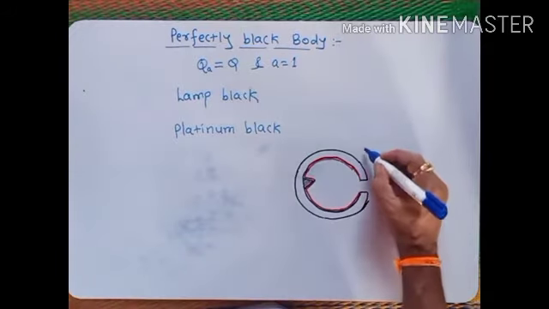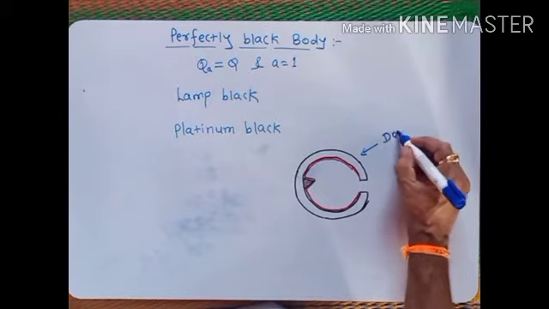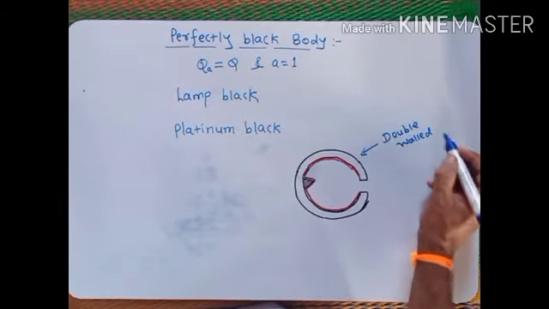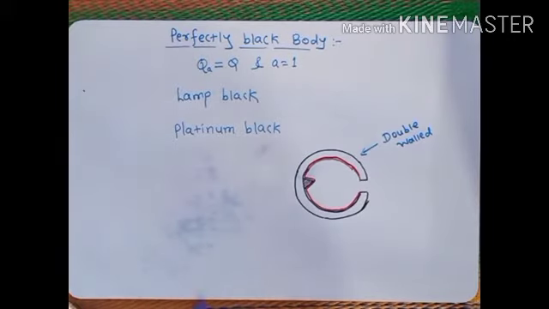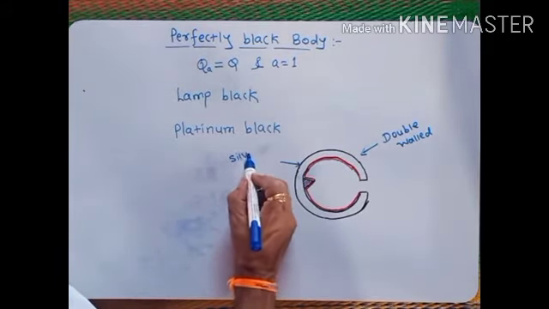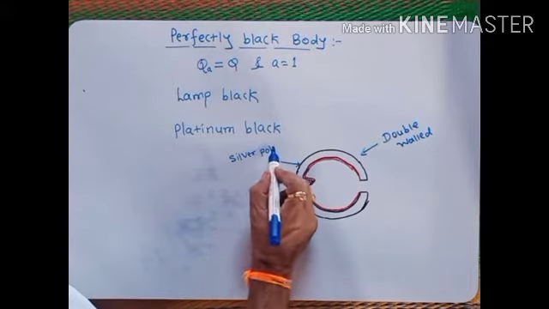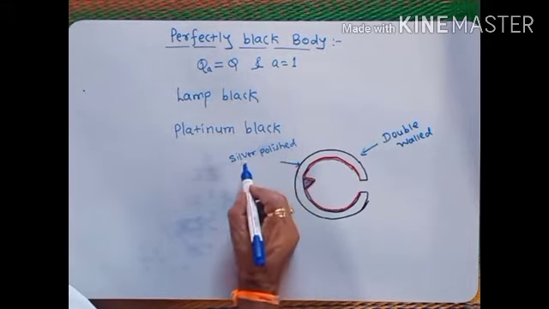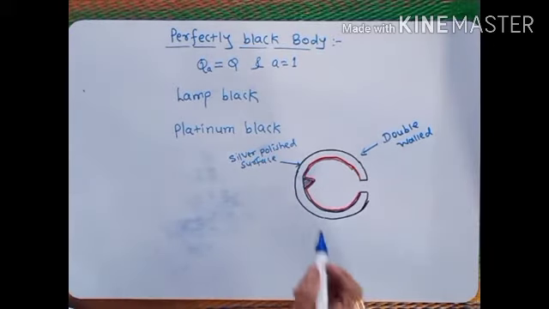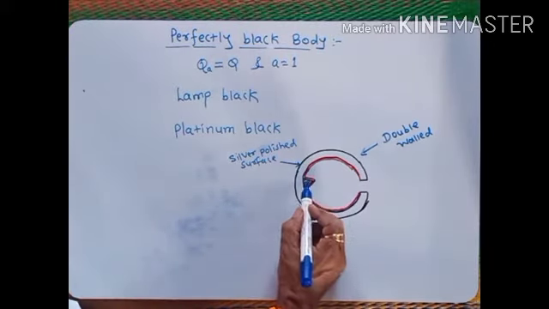This is the double walled sphere. This is the silver polished surface. This one is the conical section.